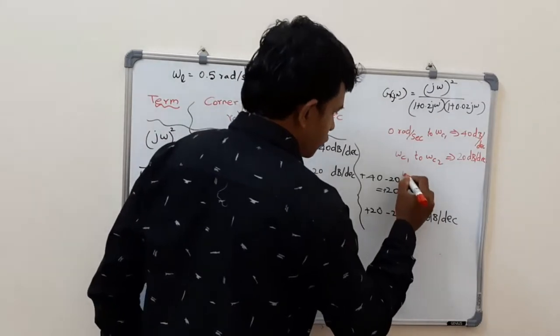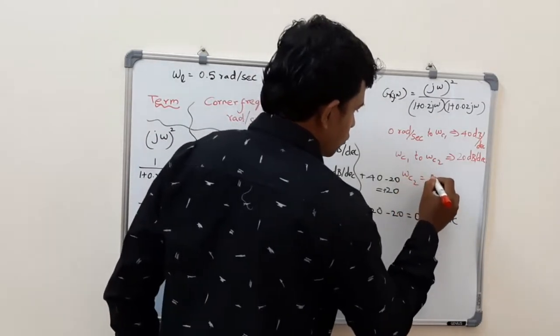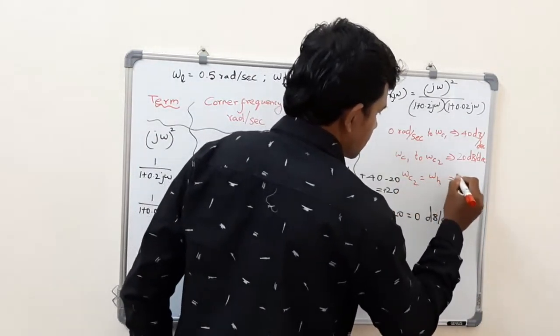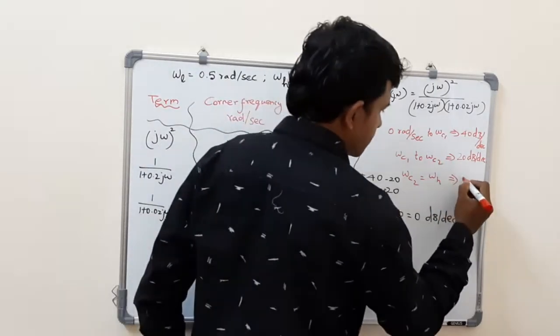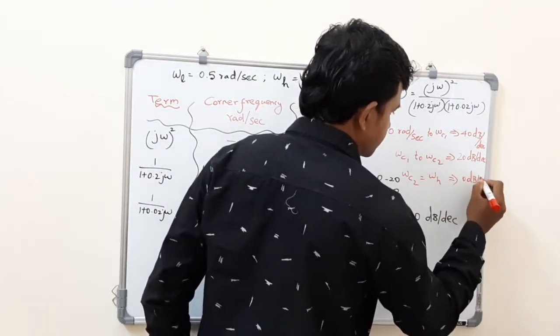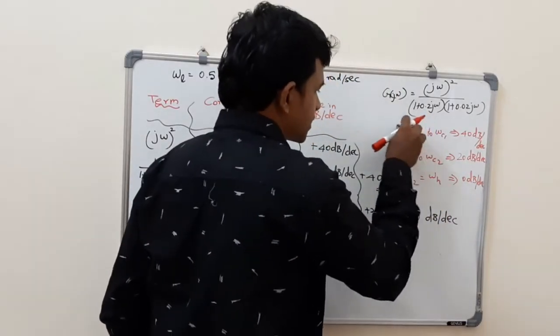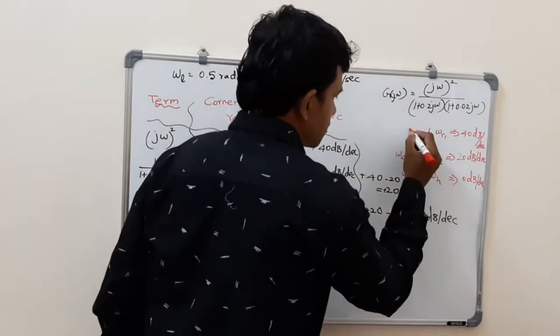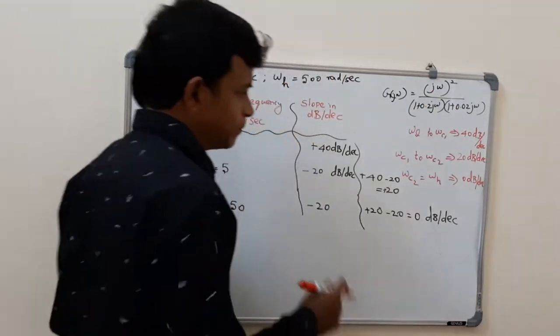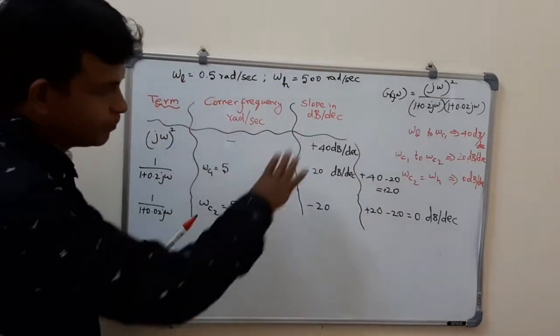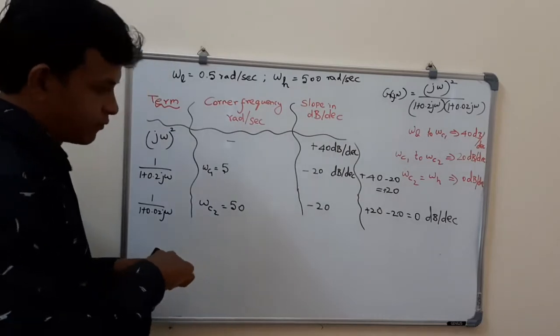And from omega c2 to omega h, the slope is 0 decibel per decade. So for this question, instead of writing 0 radians per second, we can mention it as the lowest frequency omega L. With this idea, we are going to plot the graph.